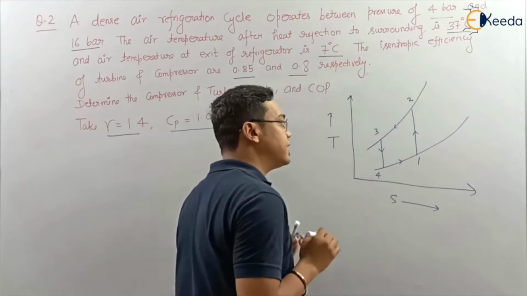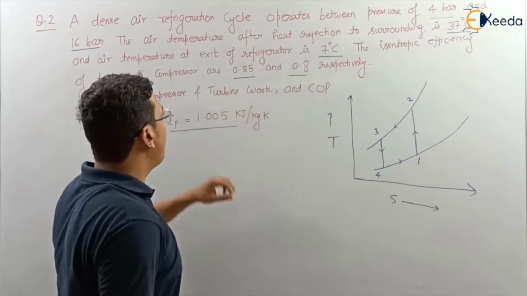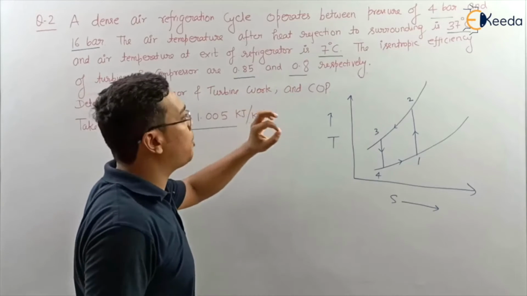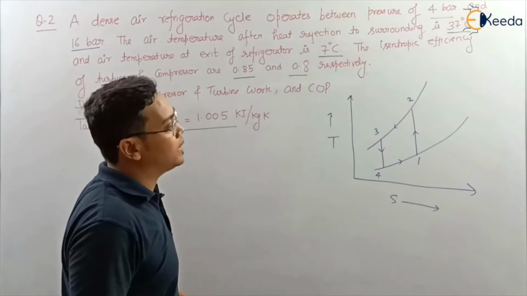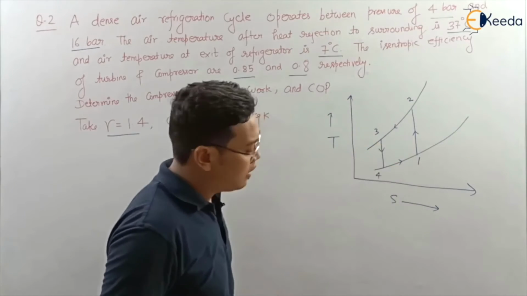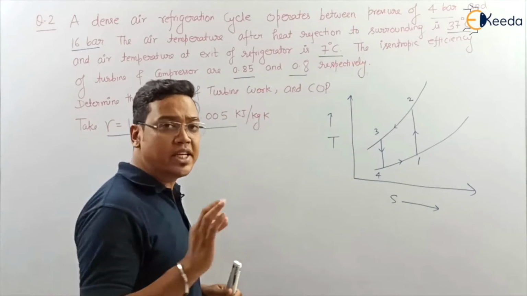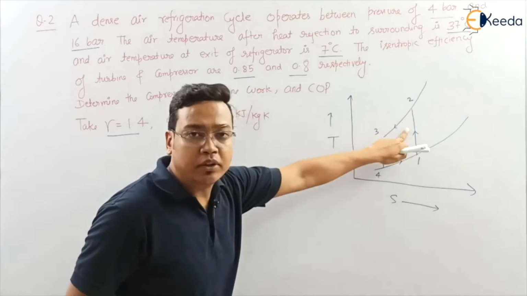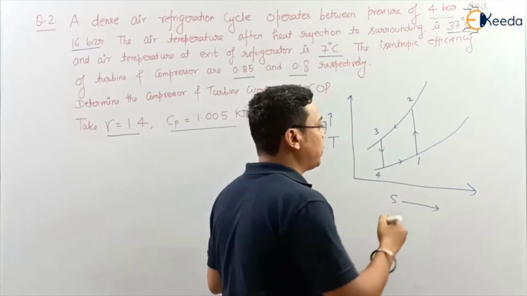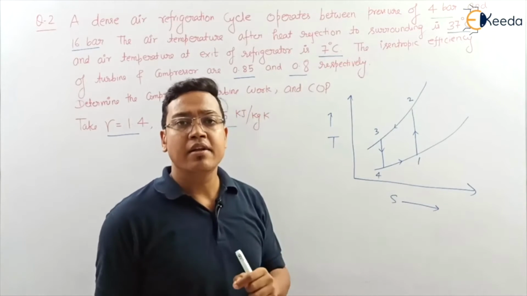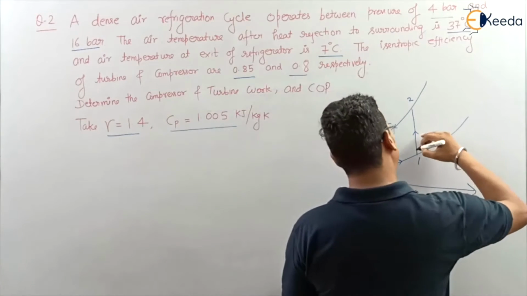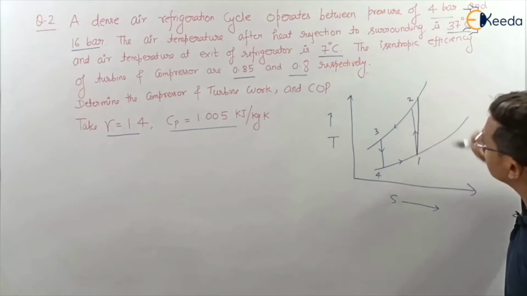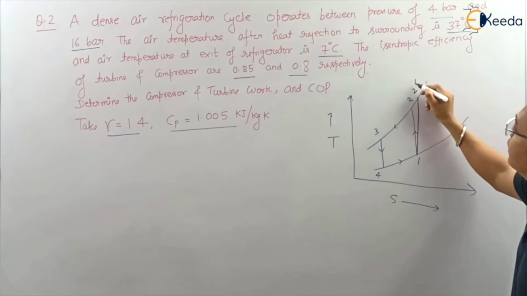Here you have been given the isentropic efficiency 0.85 and 0.8 for turbine and compressor. So this is the compressor. If isentropic efficiency is given, that means this will not be the actual process. The actual process will be adiabatic, as I explained in my previous video. So this will be the actual process 1 to 2 dash.